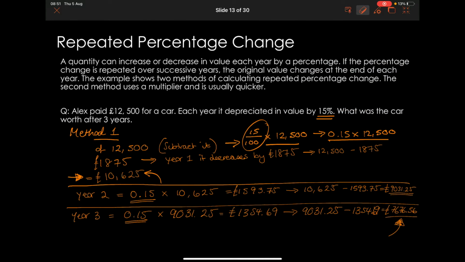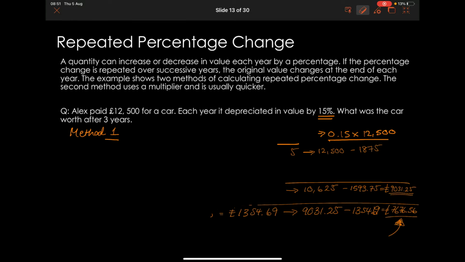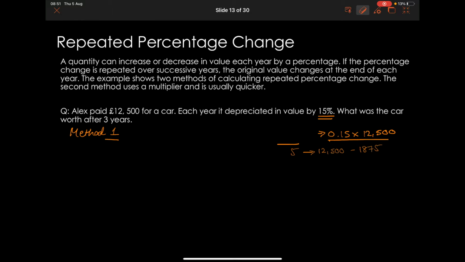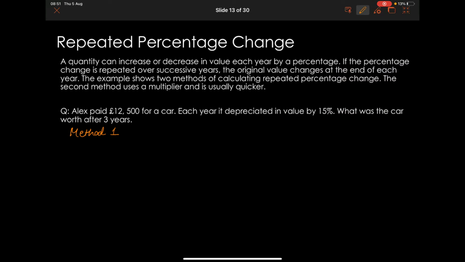I'm still going to call this method 1 because it's the same, I'm just doing it a bit differently. Instead of working out 15% of the amount every time, I'm going to say that for year 1, I need to know 85% of the value.